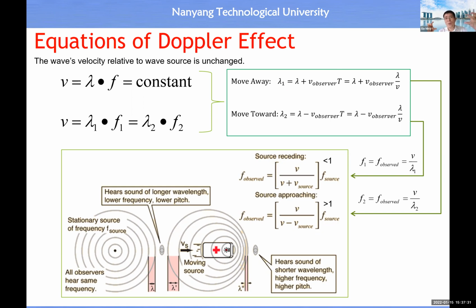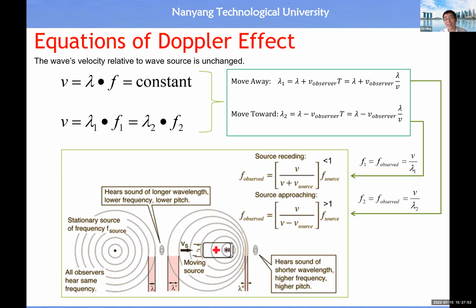Because when the wave travels, nothing changes within the wave itself with respect to the source. It's only because of the relative motion between the observer and the source that the sensor will receive data earlier or later.